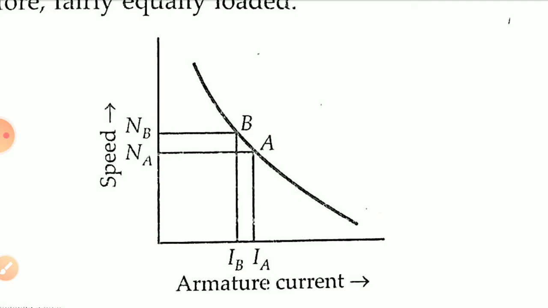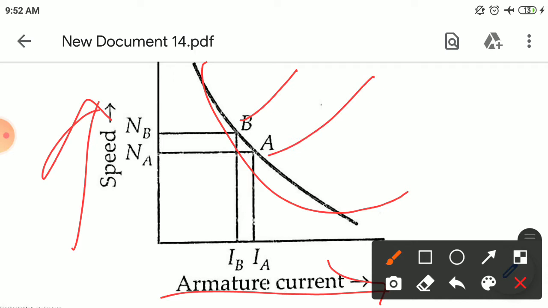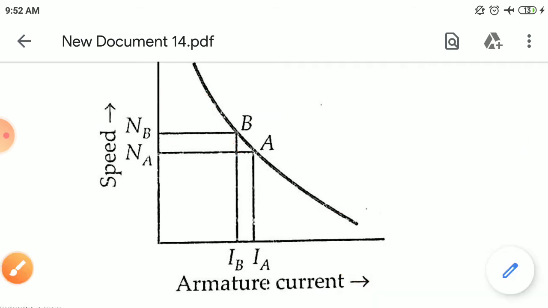For a given speed of the car, the rotation speed of B will be in the ratio of the driving wheel diameter A divided by B. I am talking about the parallel operation of series motors. This is the speed axis and this is the current axis, showing the variation for motor B and motor A. When the motors are in parallel, the current input to each will be given by the corresponding points.